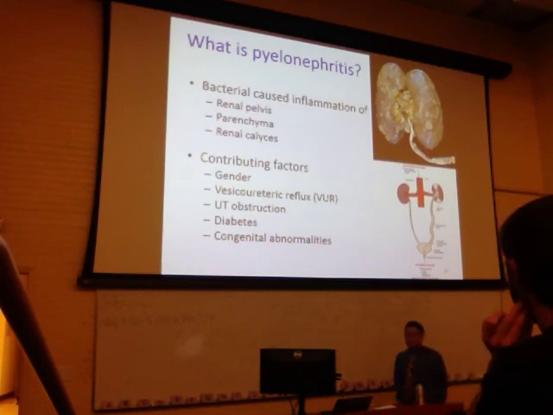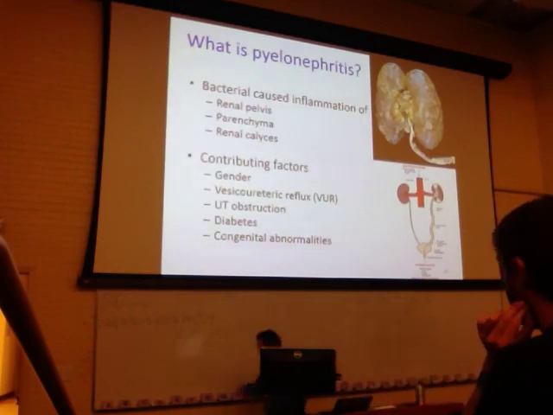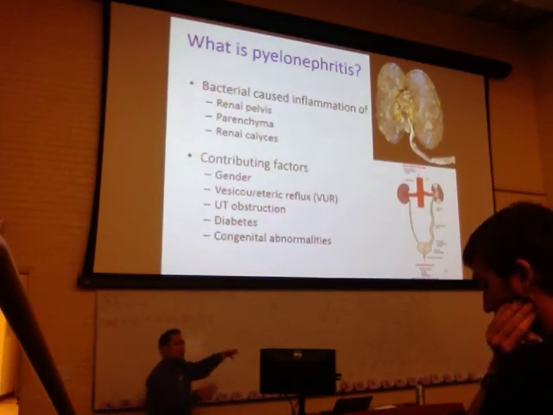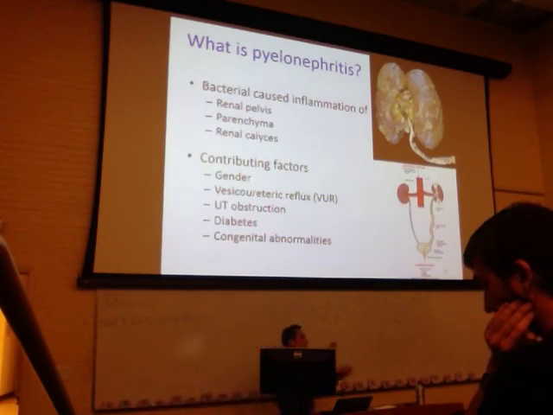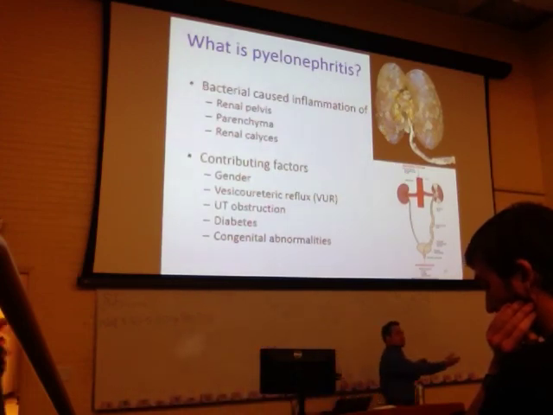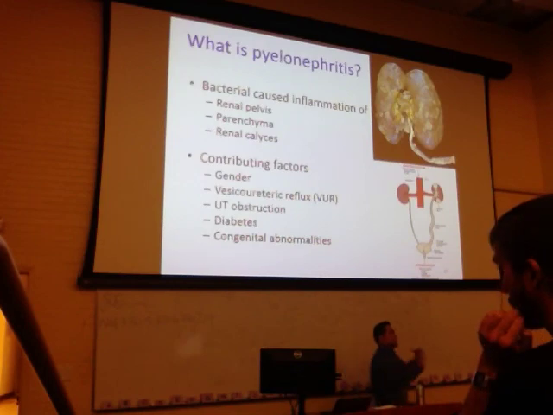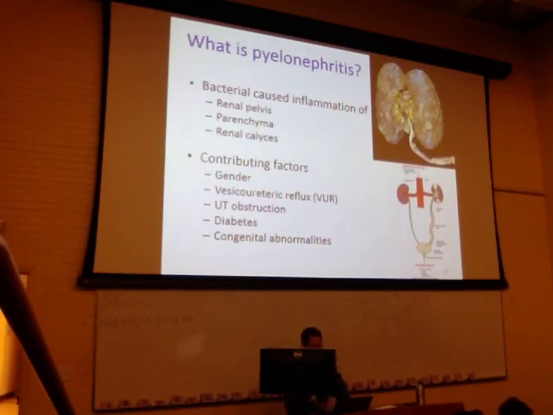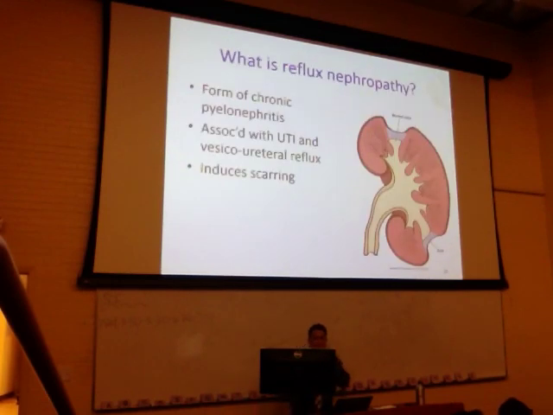Okay? And then congenital abnormalities. Of course, there are some unique abnormalities or defects of this system, this architecture, that either make it more prone to the VUR reflux or to bacteria entering the system, and so on. So this reflux nephropathy is a certain subtype of pyelonephritis.